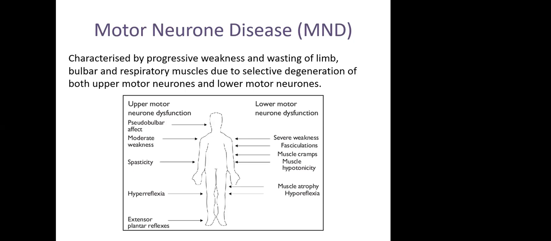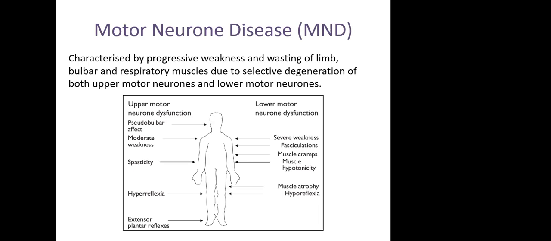There are a few other different types, such as progressive muscular atrophy, that just affects lower motor neurons. ALS affects both upper and lower motor neurons, and it often affects speech and swallowing as well, so a lot of the bulbar muscles. There are other types that are a lot less common, such as progressive bulbar palsy, which is to do with bulbar symptoms directly affecting the medulla oblongata.